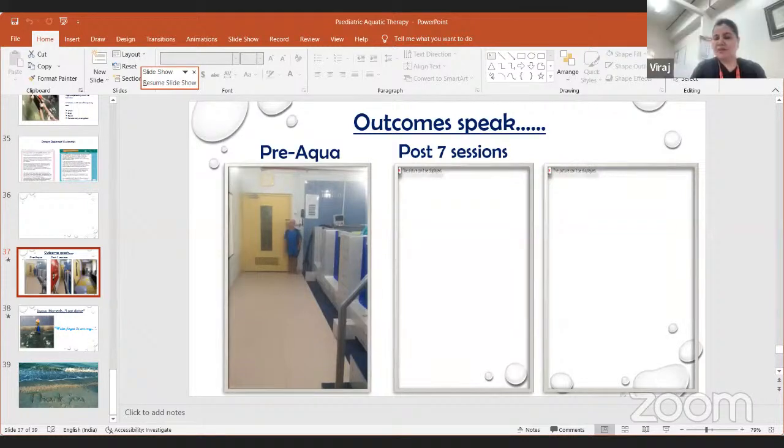So, like Brinda said, we're very, very sorry for this situation, but I hope you managed to get a little bit of a flavor of what this program is and how it is unique. In South Bombay, we are the only pediatric facility that offers this program.